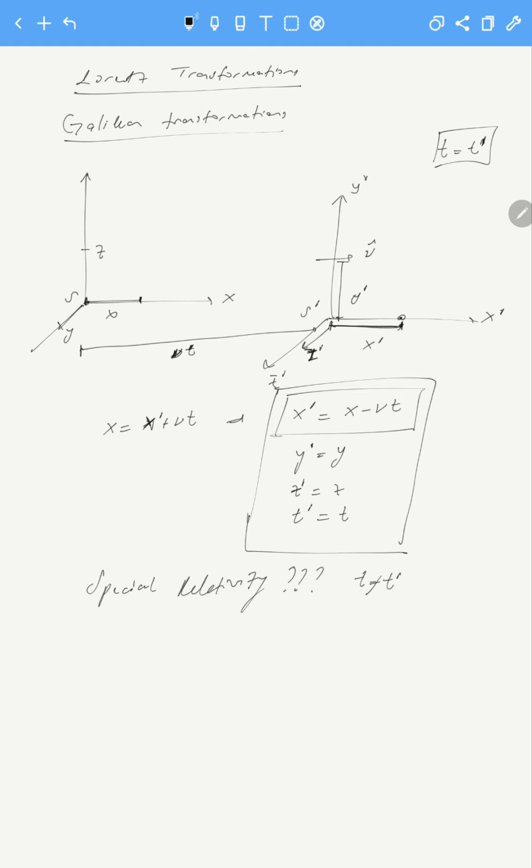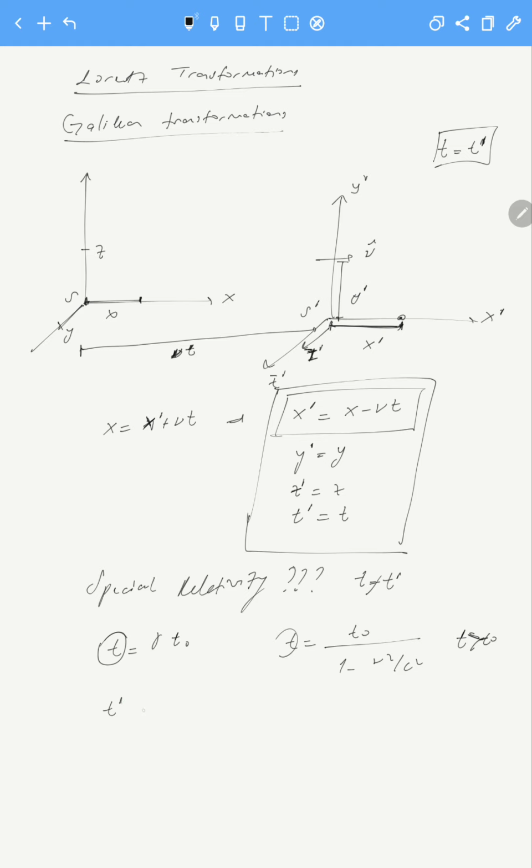Okay, we have t and t0. Now this time is dilated, and we said that t is always bigger than t0 in the frame that is moving.